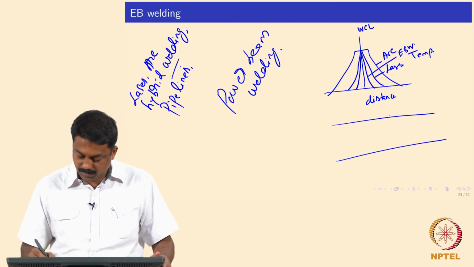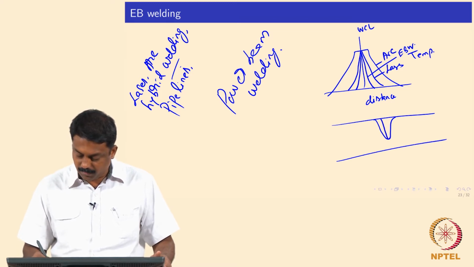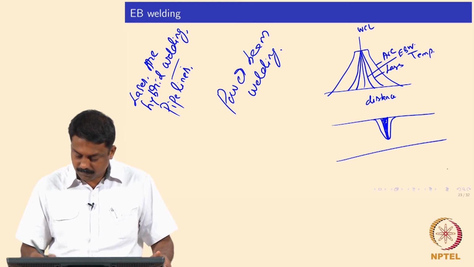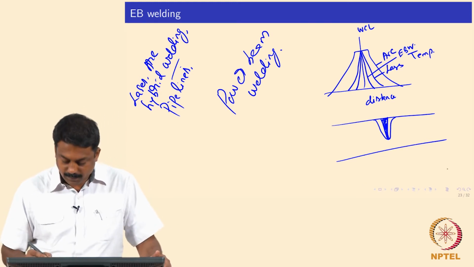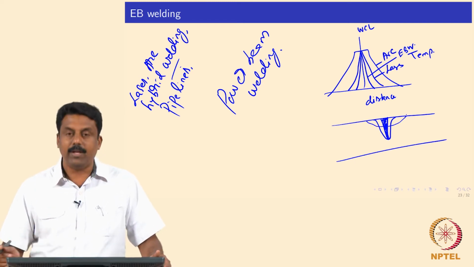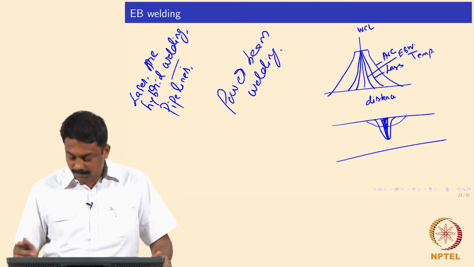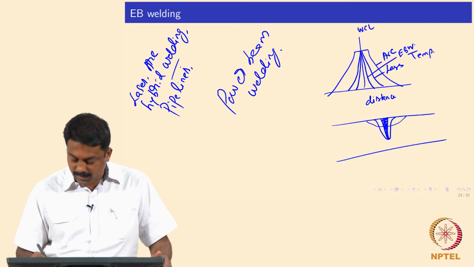Suppose this is your interface: in laser beam welding you achieve a weld bead geometry something like this for this thermal profile, in electron beam welding it will be much narrower, and for arc welding it will be much shallower and wider, right, it is clear.